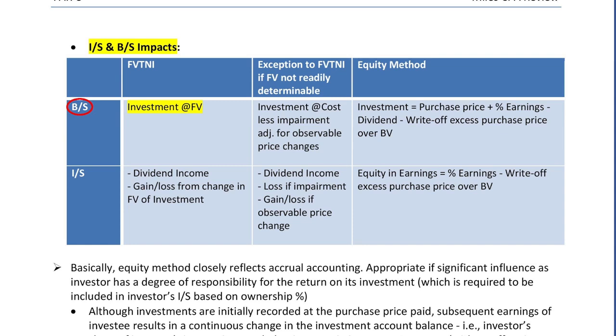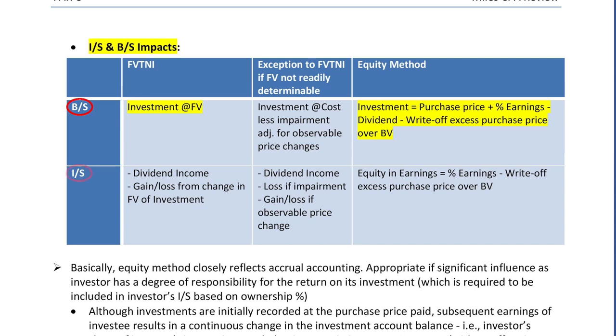Whereas under the equity method, highlight the investment is at purchase price plus percentage of earnings minus dividends and minus write-off of excess purchase price over the book value of the investee. And we've seen this in detail on our example.